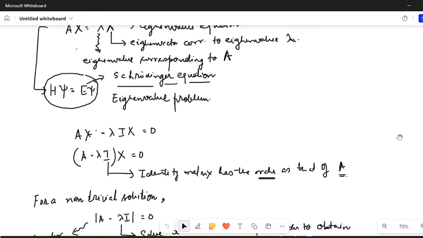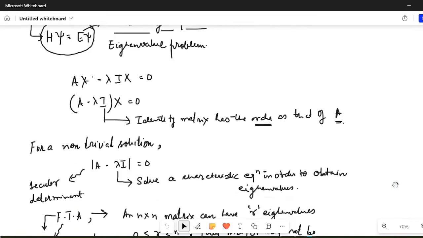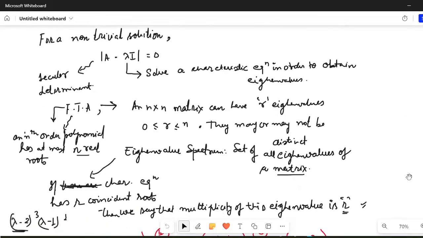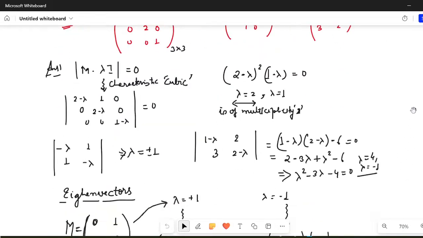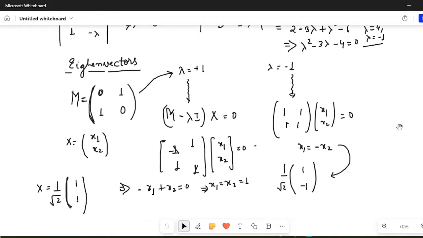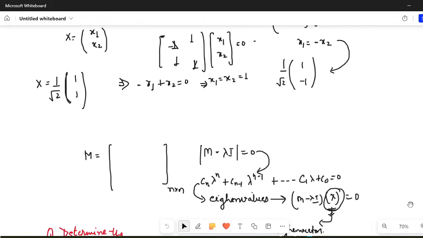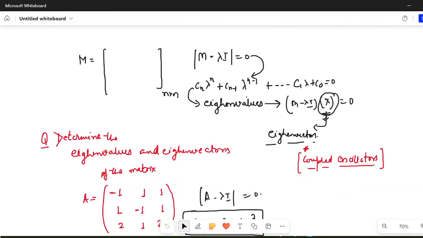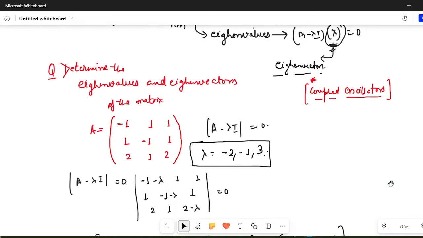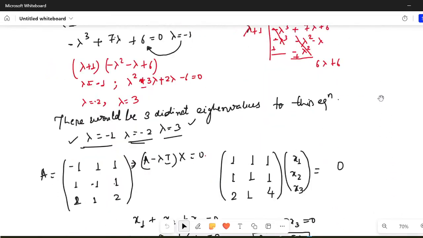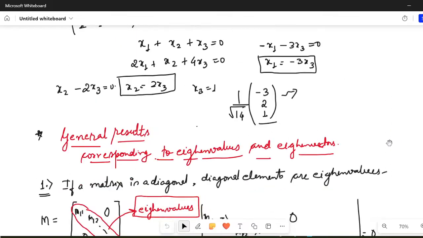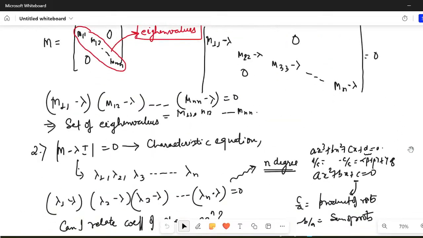Okay, so till now we have shown that the product of eigenvalues is equal to the determinant of the matrix and the sum of the eigenvalues is equal to the trace of the matrix. Now we are moving a little bit further, and let us see what more results we can write.